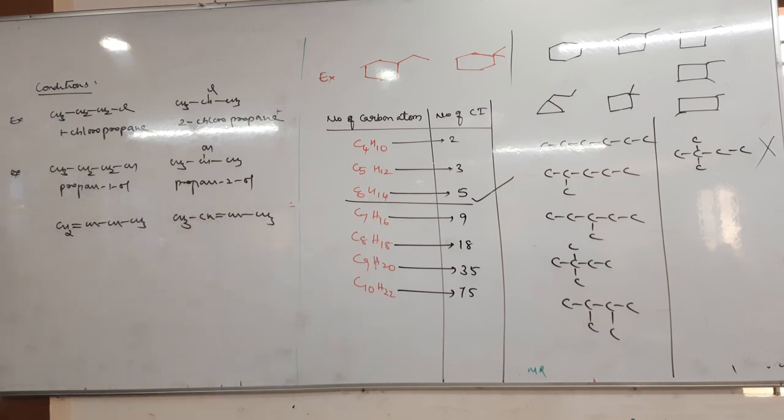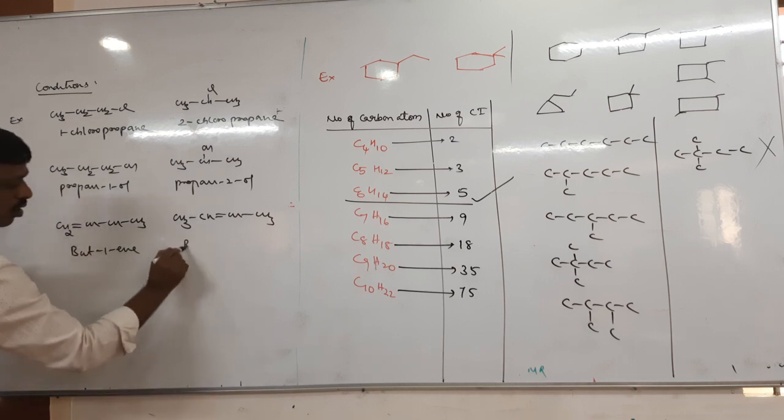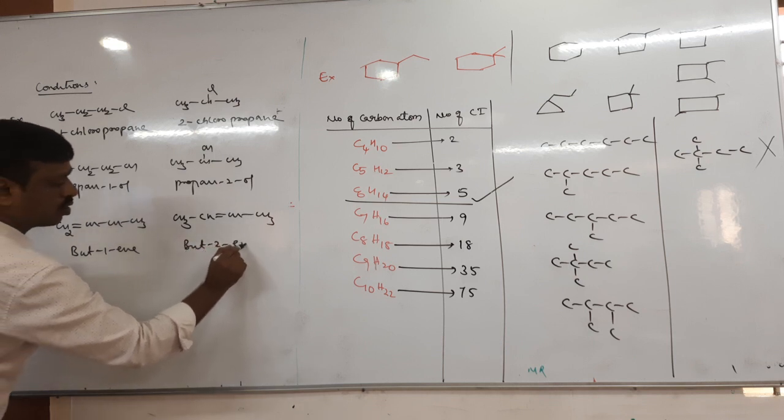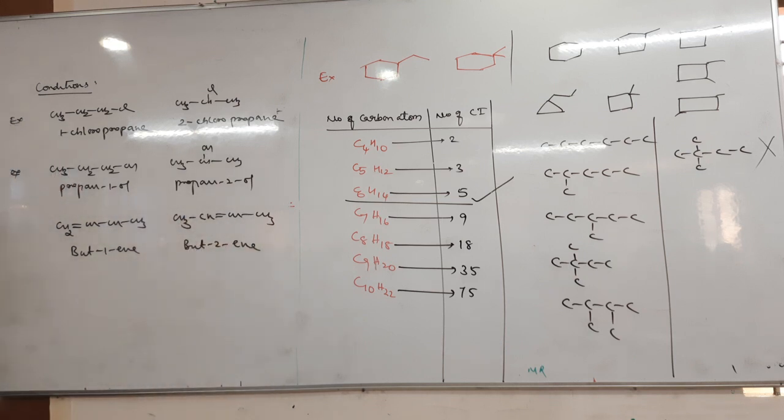But-1-yne, but-2-yne. They differ in the position of the multiple bond, 1, 2. Right? Again, they are examples for positional isomers.